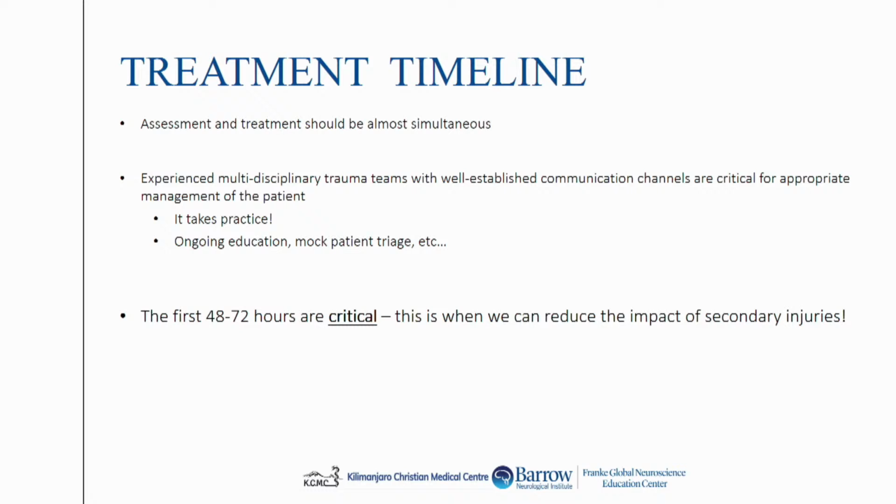So for these patients, if they come early enough to a healthcare setting, these first hours are really, really critical for us. We usually think of the first 48 to 72 hours as critical in us being able to prevent as much secondary brain injury as possible, as well as early monitoring for us to determine, are they deteriorating?